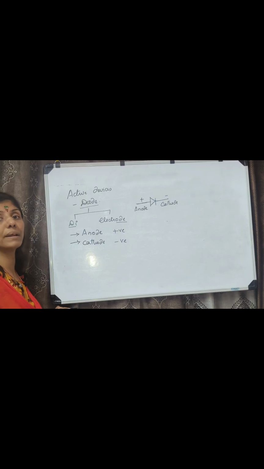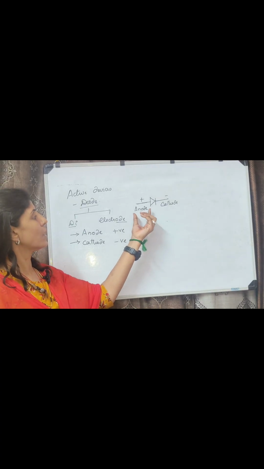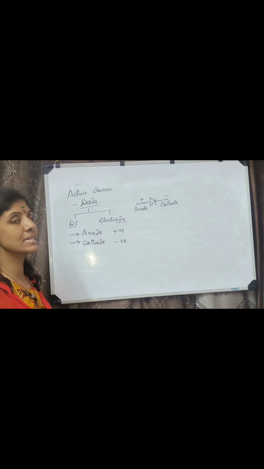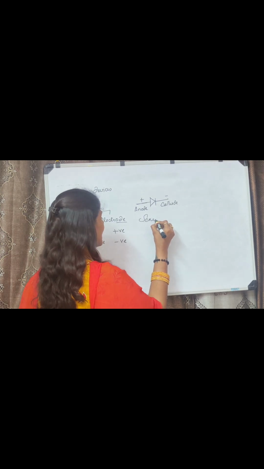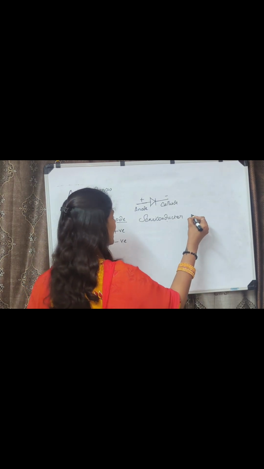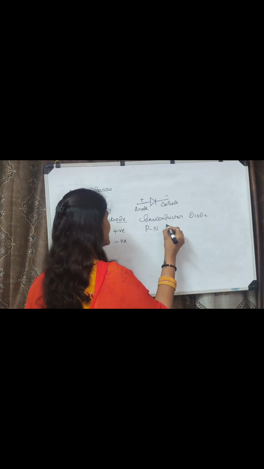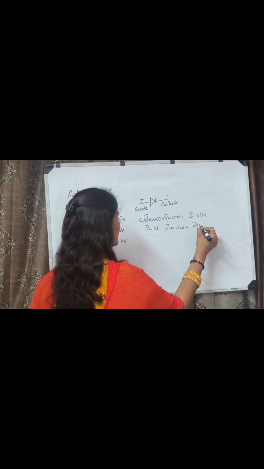So one is the anode and the other is the cathode. This diode we call a semiconductor diode, otherwise we can call it a PN junction diode.